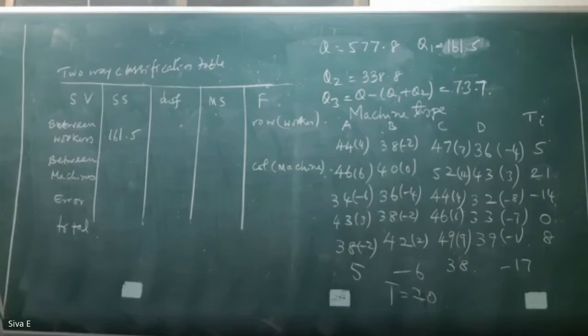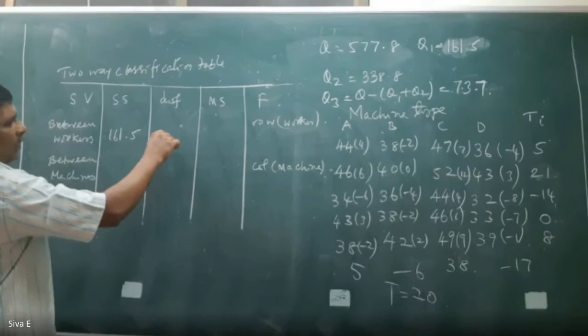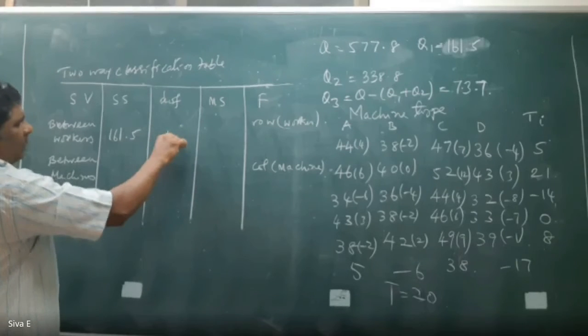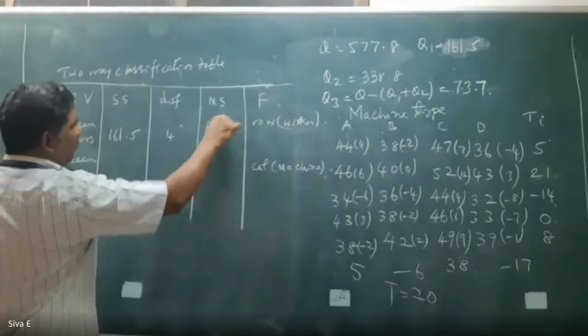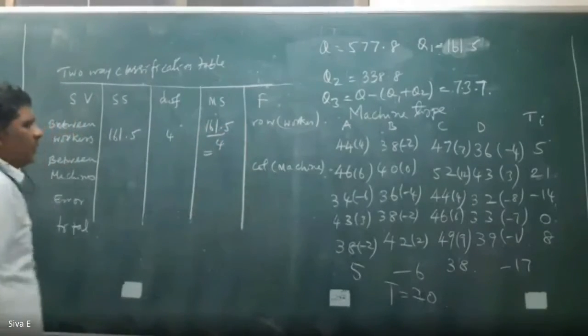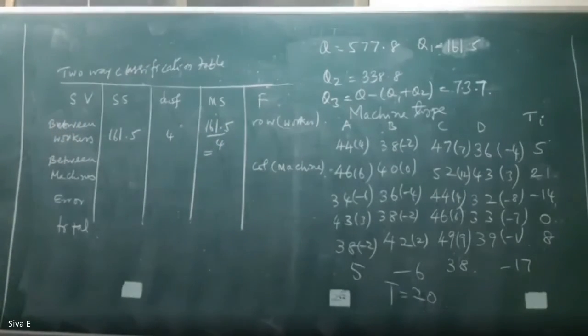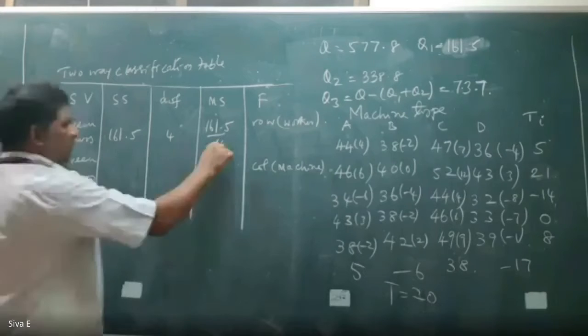Degrees of freedom is number of rows minus 1, that is 4. So mean square value 161.5 by 4 is 40.37.